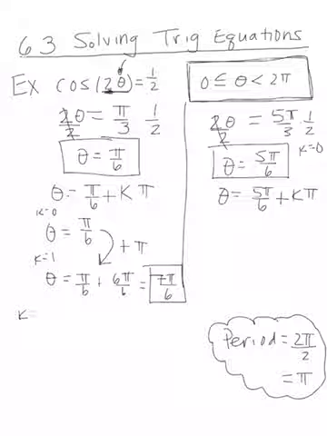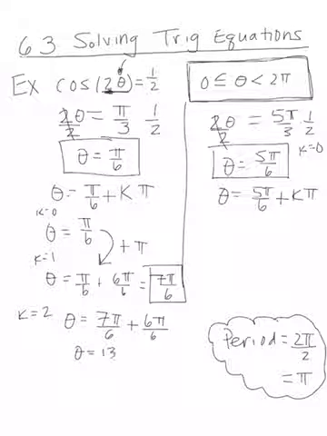And then at k equals 2, to find that one, we just add another period. From what we just found, add another period, okay? Pi, but since we're dealing with sixths, I'll write that as 6 pi over 6. And you'll notice this one's just going to be too big, because we would get 13 pi over 6, which is not within our interval. We have to stop at 2 pi, which would be 12 pi over 6. So that's too big.